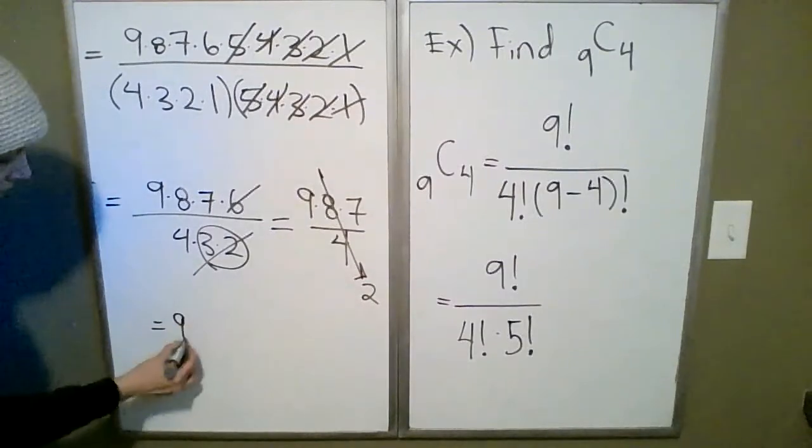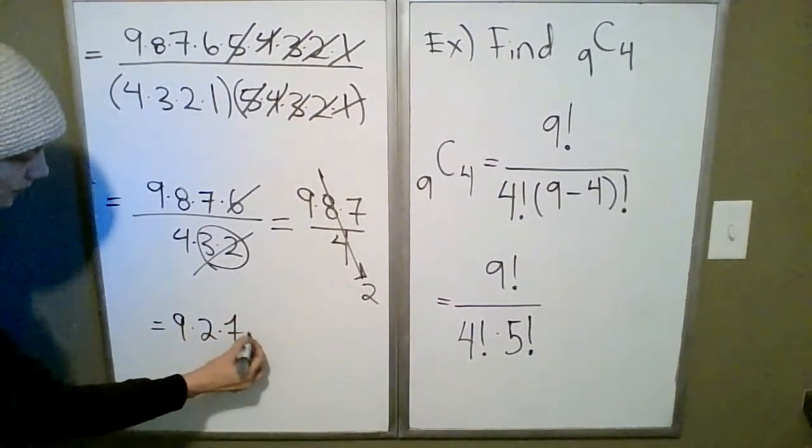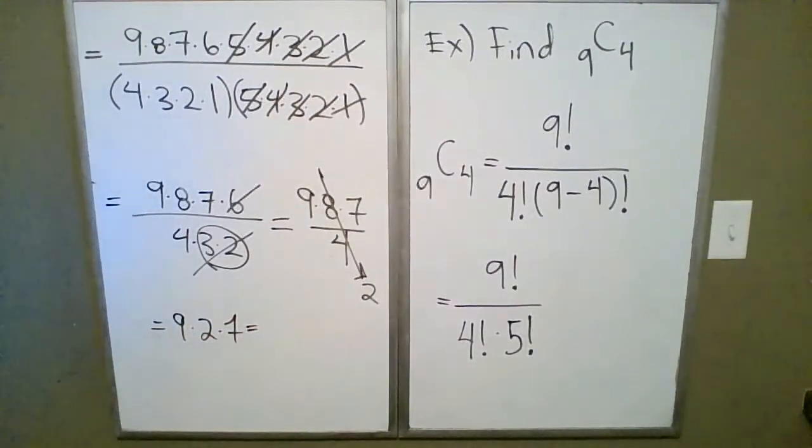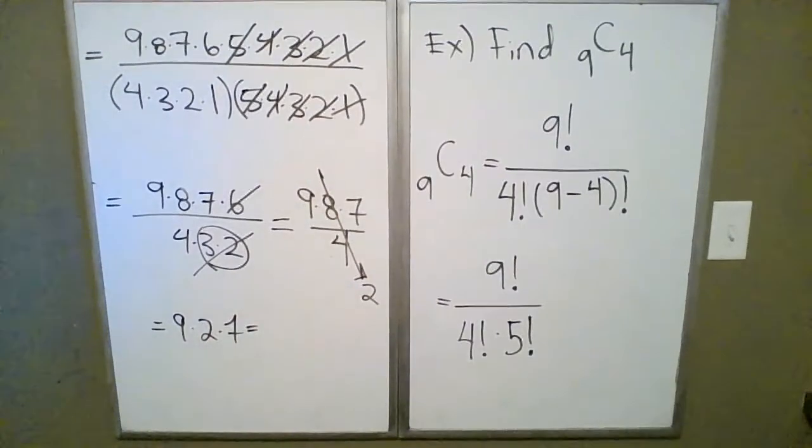So I've got 9 times 2 times 7. It's 126.